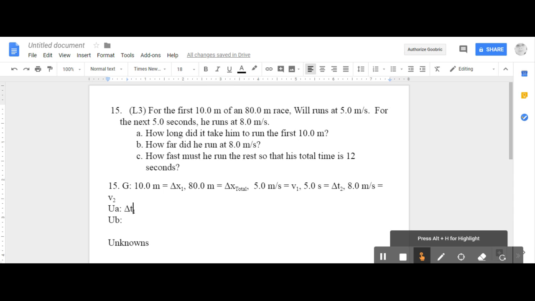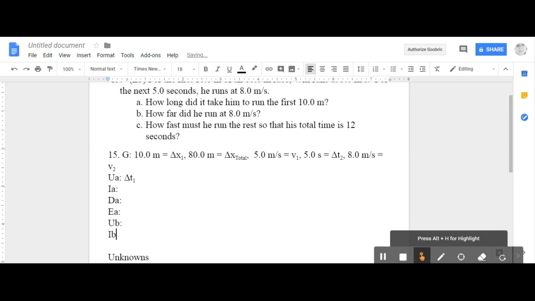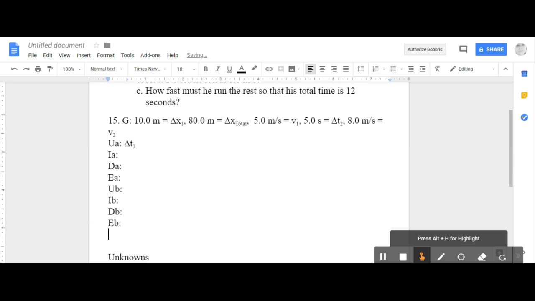So let me give you a feeling for what this will look like. We'll do givens. We'll identify the formula for A. We'll do the math for A. And we'll evaluate part A. We don't need to do the givens all over again for part B. We can just start with the unknown in part B, identify the tools in part B, do the math in part B, and evaluate part B. And then again for C, we don't need to do the givens all over again.